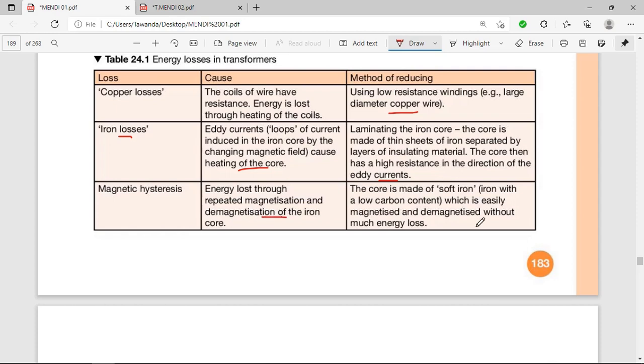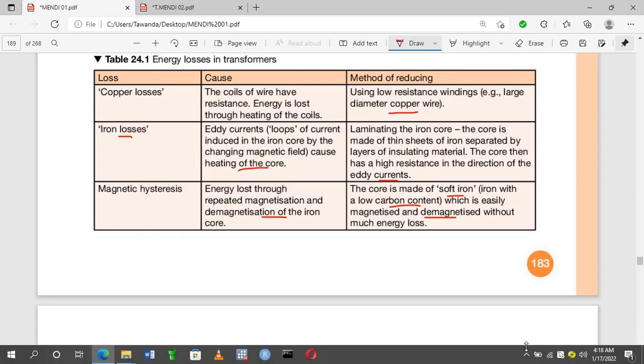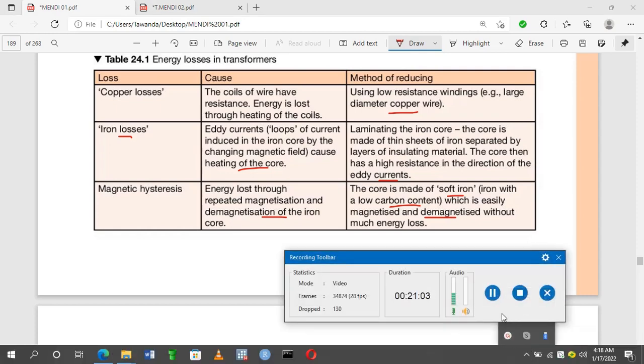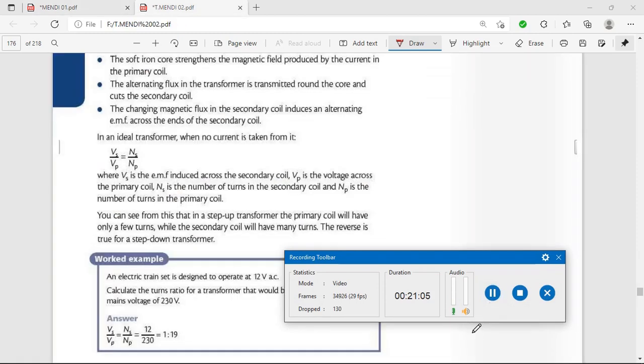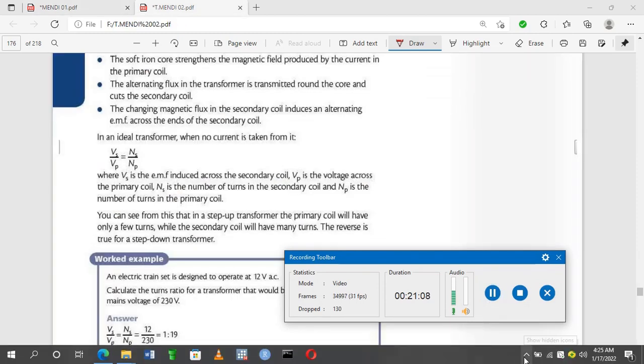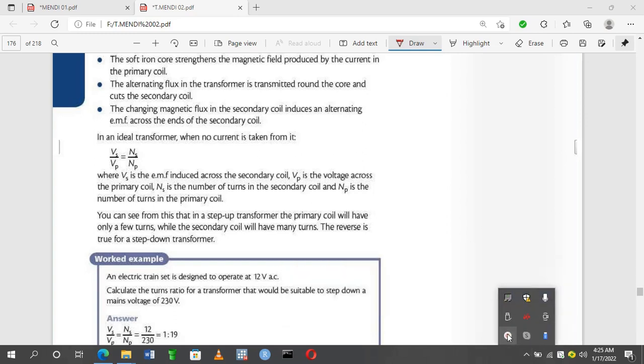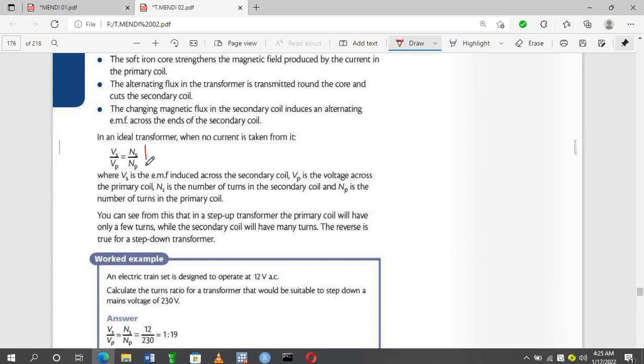So one way of reducing it is that the core is made up of soft iron with a low carbon content, which is easily magnetized and demagnetized without much energy loss in the transformer. So for any ideal transformer, we can use this formula, the one that you are seeing.